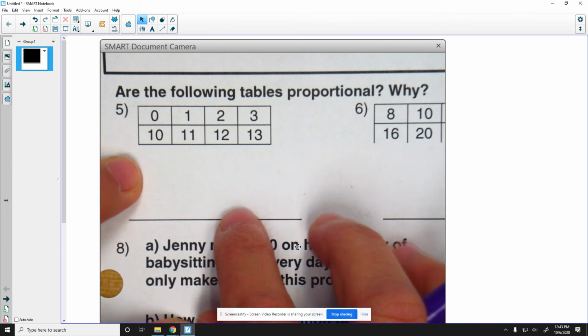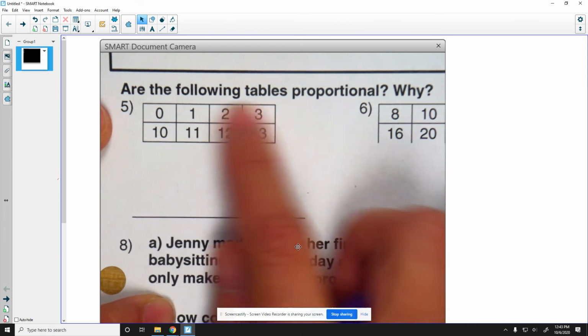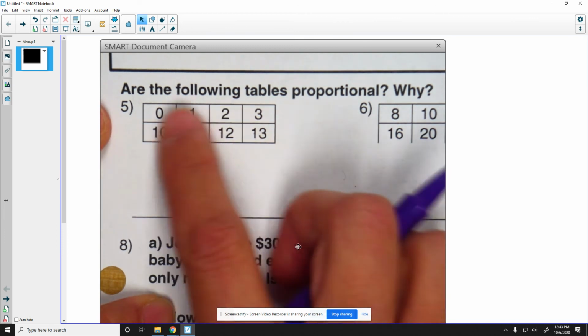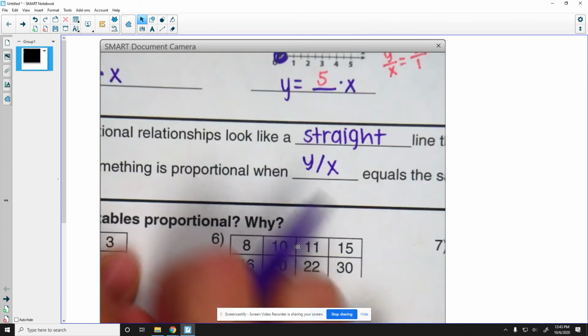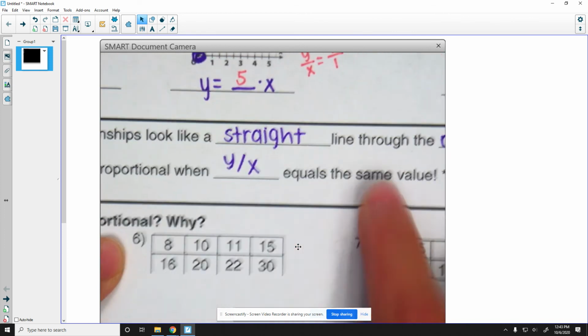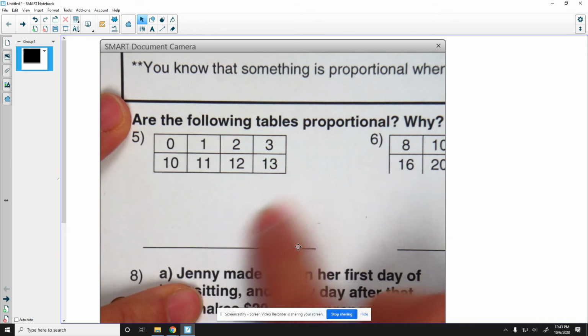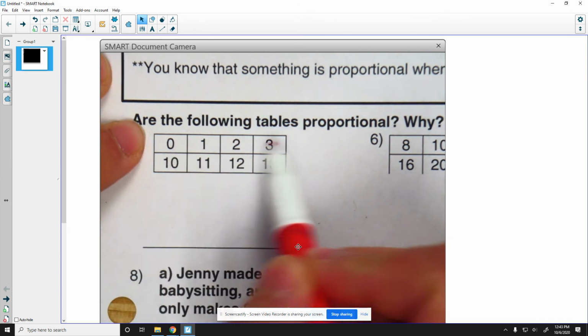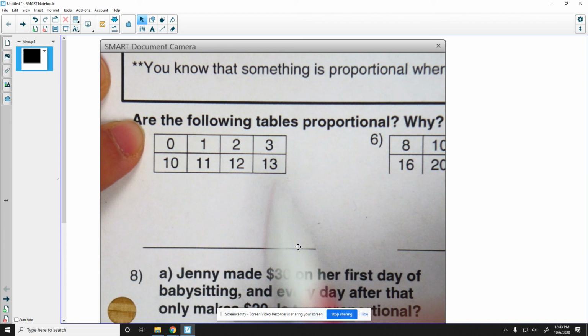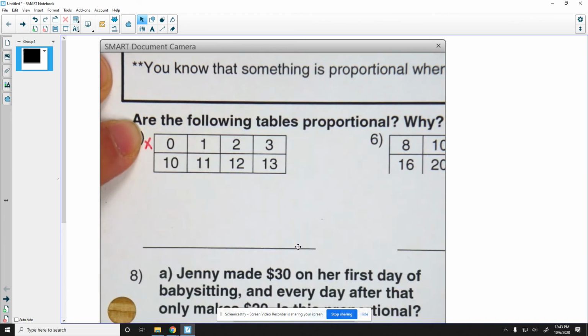Okay, yes. So let me basically re-explain what Ethan was saying. So first of all, are the following tables proportional? Remember, you know that something is proportional when y divided by x equals the same value. So let's look at this table and let's label, okay? When I have a table here, Maddie, on the top row, is it the x or the y's? Okay, so the bottom would be what letter?